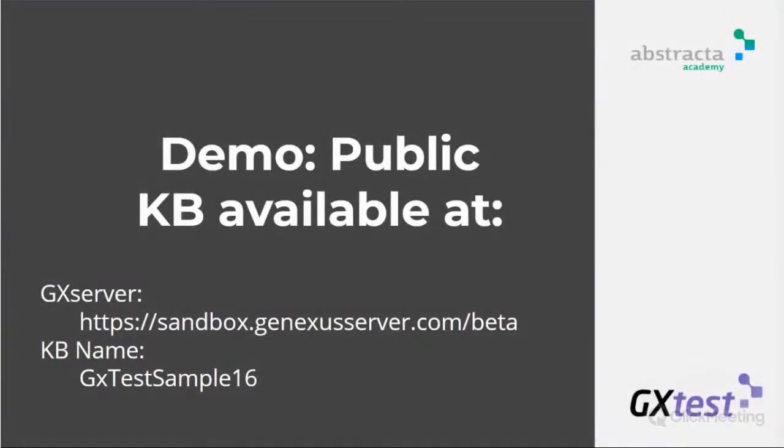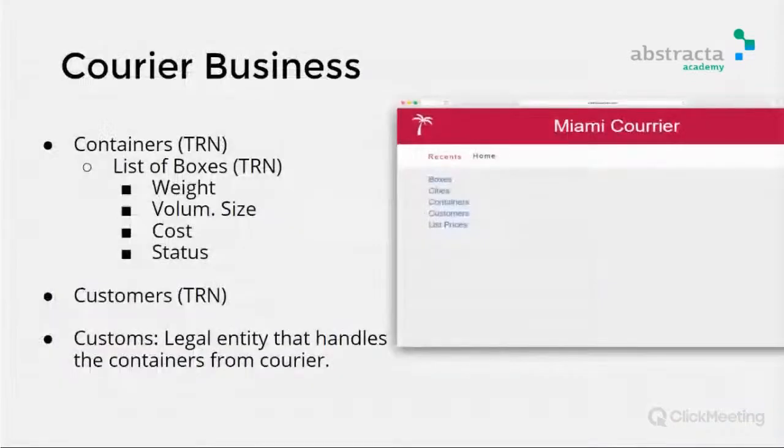So let's start the demo over a KB that you can find in the Sandbox beta server. In this example, the application manages containers with a list of boxes, customers, and customs that need to receive important information about the containers.